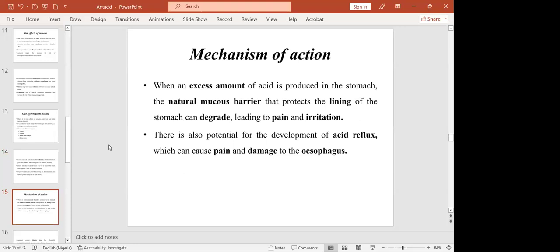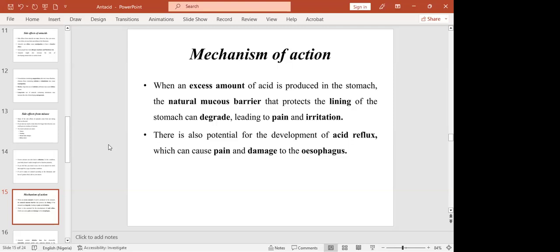Okay, so what are the mechanisms of action? When an excess amount of acid is produced in the stomach, the natural mucous barrier that protects the lining of the stomach can be degraded. So this will lead to pain and irritation. What do I mean? If you look at the mouth, there's the mucosal lining, then there's the saliva that protects it.